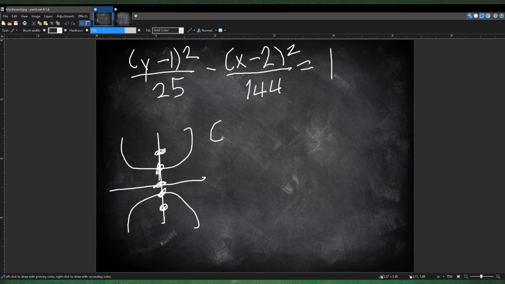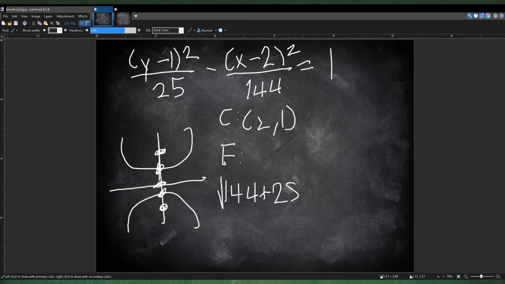So the center is at 2, 1, because of the x term and the y term. Now the foci. You've got to find the constant, so 144 plus 25, square rooted. That's 169. The square root of 169 is 13.